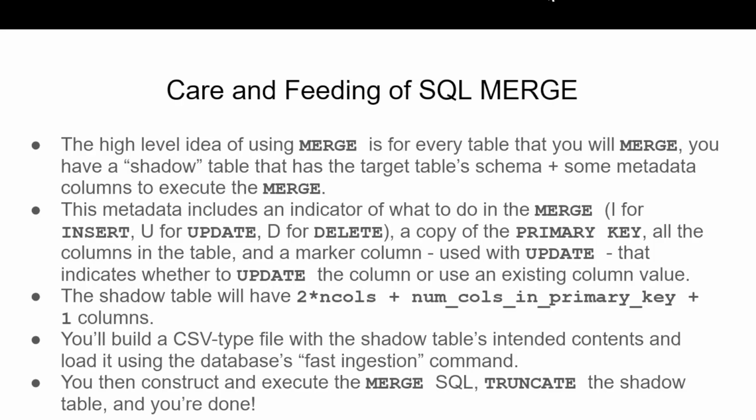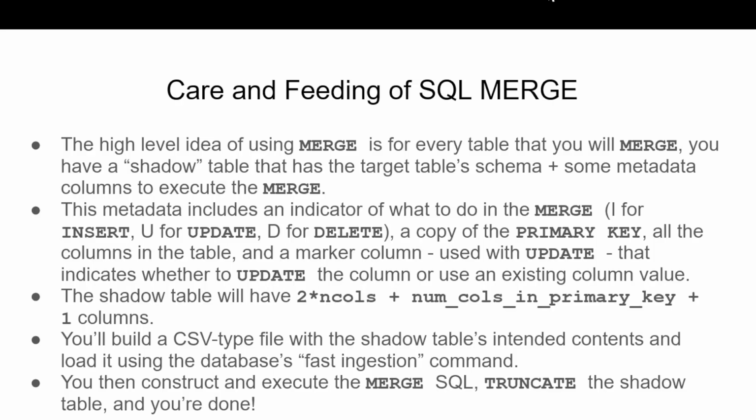For each column, there's also a marker column, only used for update, that indicates whether to update the target table column using the shadow table's column value or to use the existing value that's already in the target table column. Therefore, the shadow table will have 2 times the number of columns in the target table plus the number of primary key columns in the target table plus an additional column for the indicator.